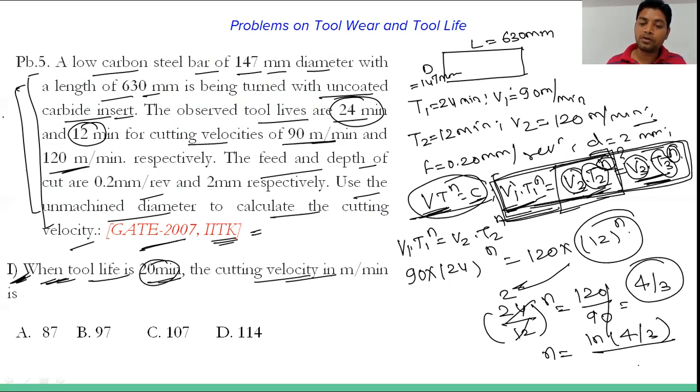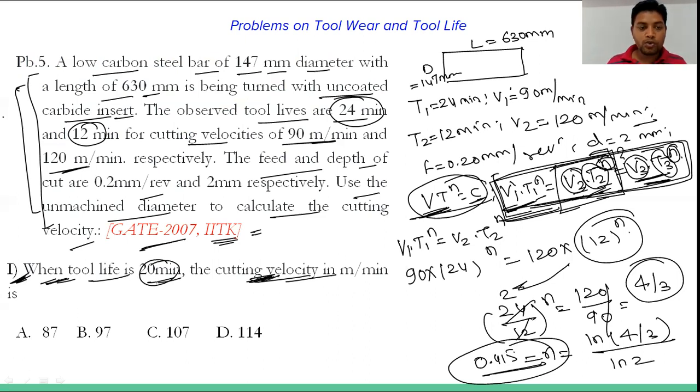Okay, 24 by 12, so this will be ln 2. So from this equation the value of n that I am getting is 0.415. Okay, but this is not the answer, we have to find out the cutting velocity.